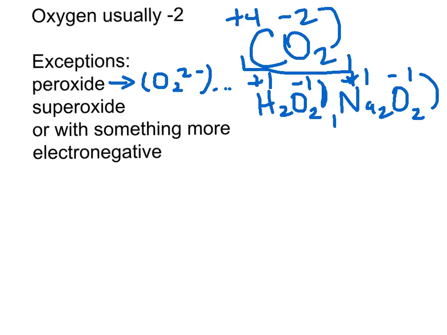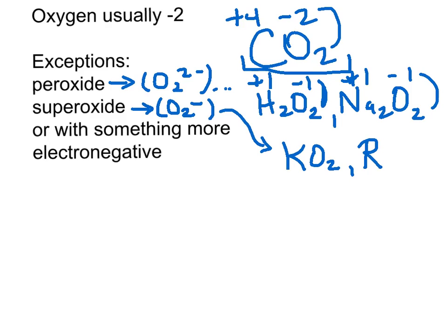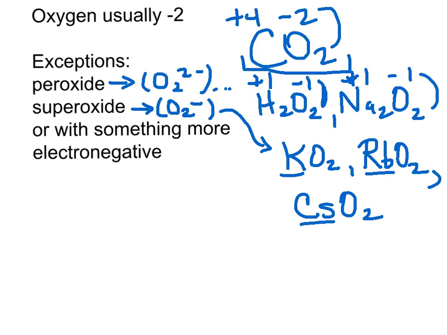Now, superoxides are when the O2 ion has just a minus charge. And the examples will be when it is with potassium, making it KO2, rubidium, RbO2, and cesium, CsO2. Those are the three alkali metals that will form with O2 to make a superoxide.